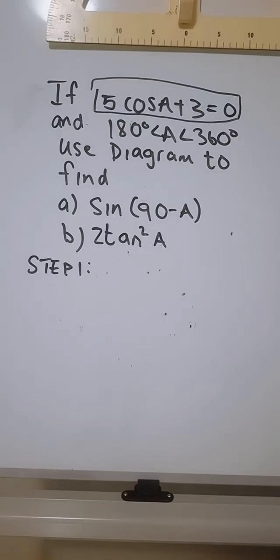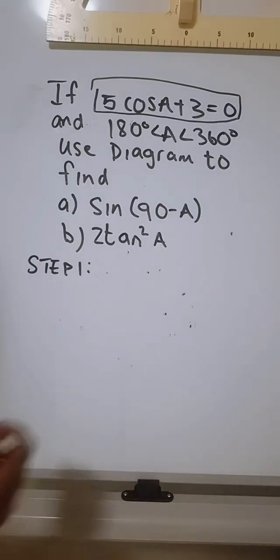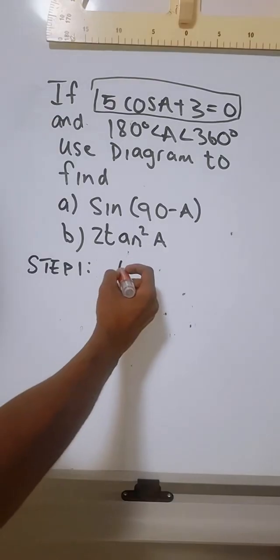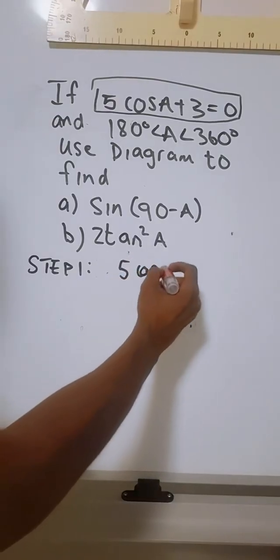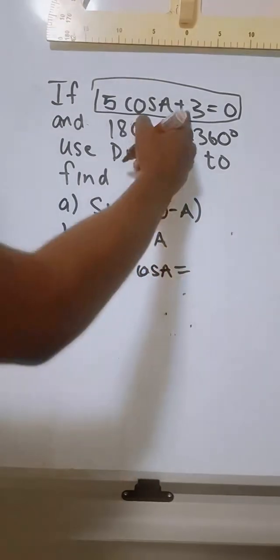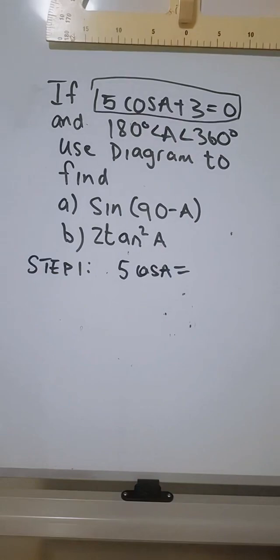And what we are going to do there is isolate the trig ratio. So you look at the equation, you isolate the trig ratio. So that means we take 5 cos A, we transpose the plus 3.